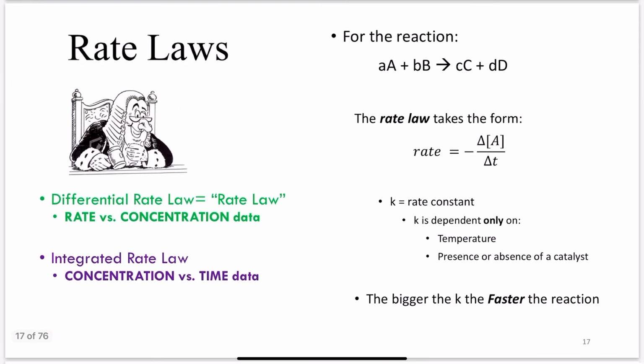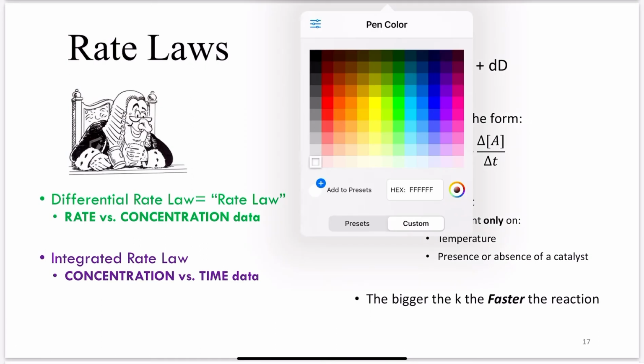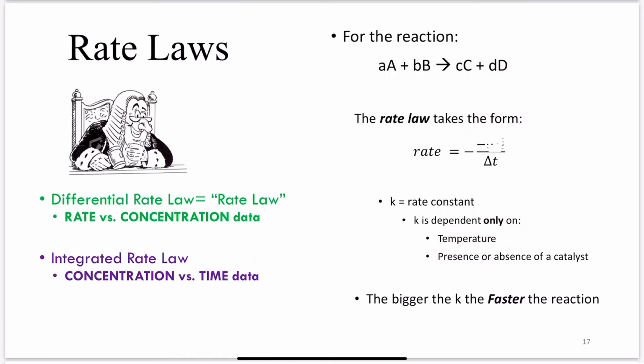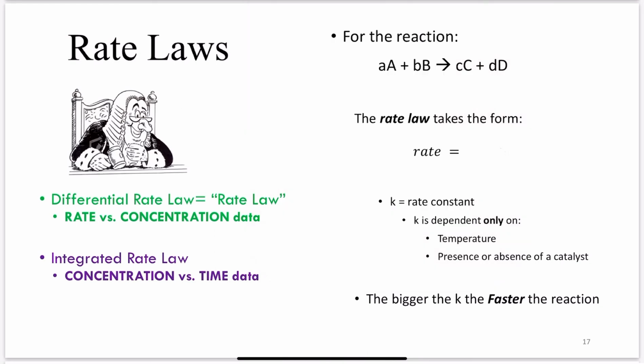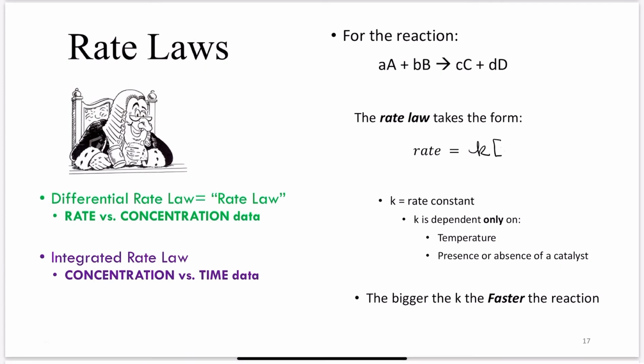The rate law is actually different than this, because you need to know how to write rate laws. So rate law would be written in the form rate is equal to k, our proportionality constant, times the concentration of A raised to some value m times the concentration of B raised to some value n.